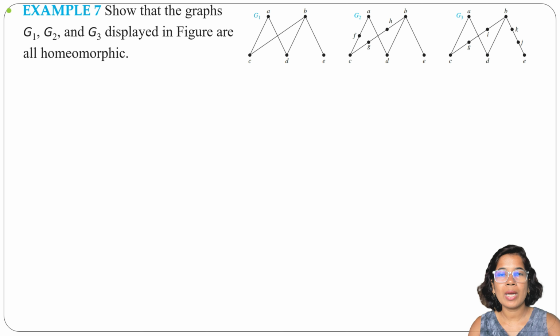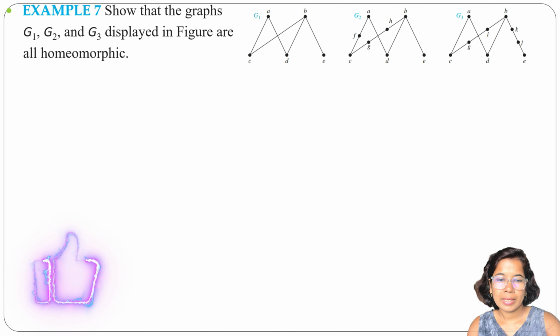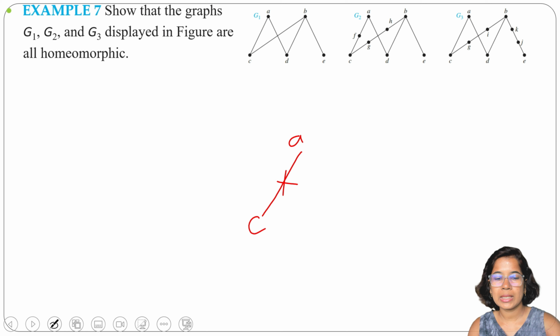Now G1 can be obtained from G1 itself, so G1 is homeomorphic to G1. Next check G2. In G1 there is an edge A to C. We can remove this edge A to C, add another vertex F, then connect A to F and F to C. So there are two edges A to F and F to C rather than AC.